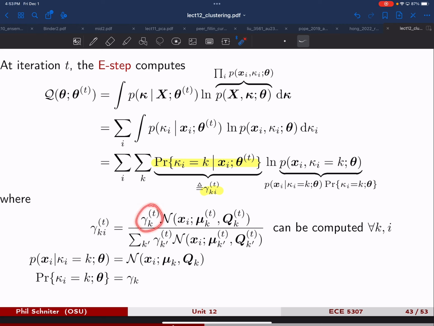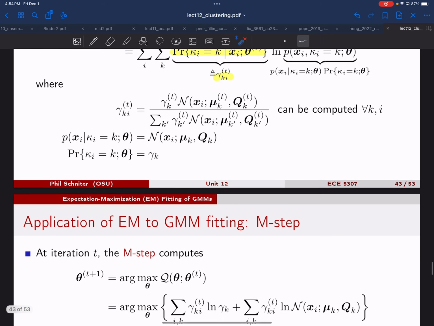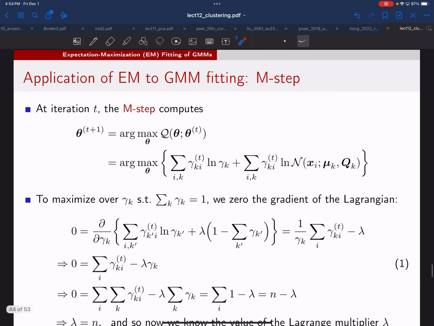We have gammas, we have Gaussians, we have certain parameters that depend on our guess at iteration t. Those are the ones labeled with the superscript t. But then we have other parameters, these guys, that are actually free variables. These are the things we need to maximize over. So those will be the things in the M step that we try to maximize. Okay, so this is our Q. This is our E step.